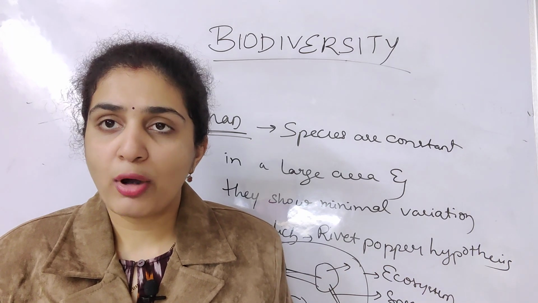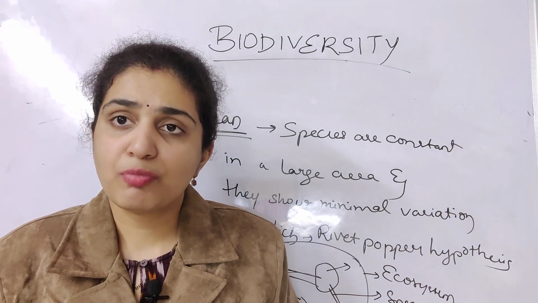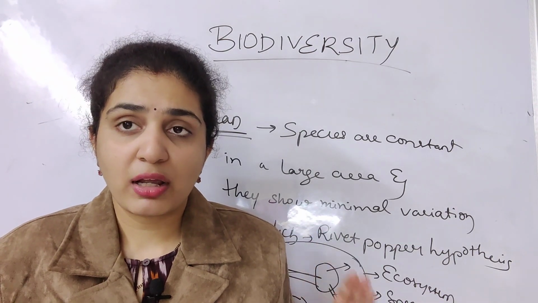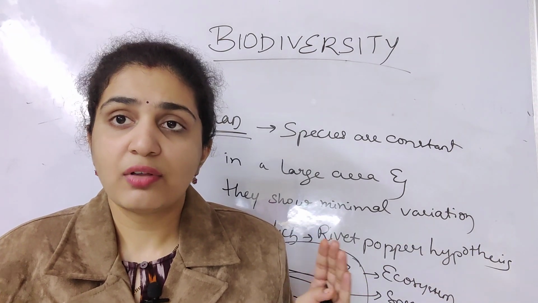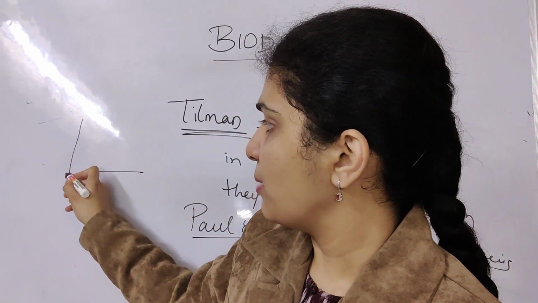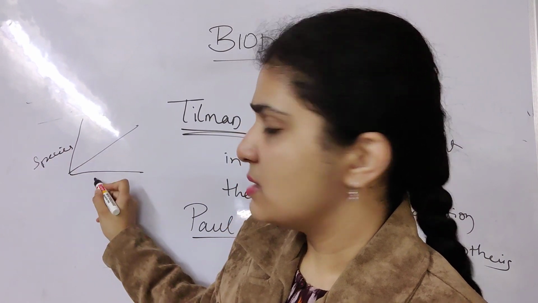The second point is related to the patterns of biodiversity: species area relationship. In the last class, I drew a graph representing the rectangular hyperbola. Suppose this is a rectangular hyperbola. These are species, this is area.